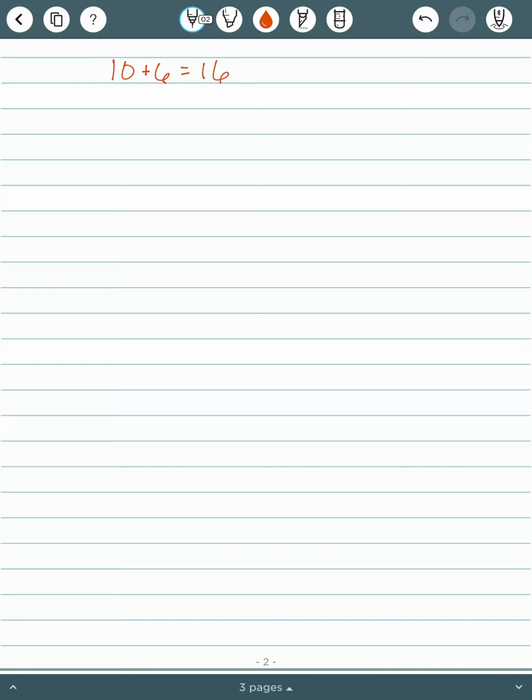If I were to say that in Spanish, 10, we just saw, is diez. And then to say plus in Spanish is y. It also means and, so 10 and 6 or 10 plus 6. So 10 y 6 equals, we say son. So diez y seis son dieciséis.